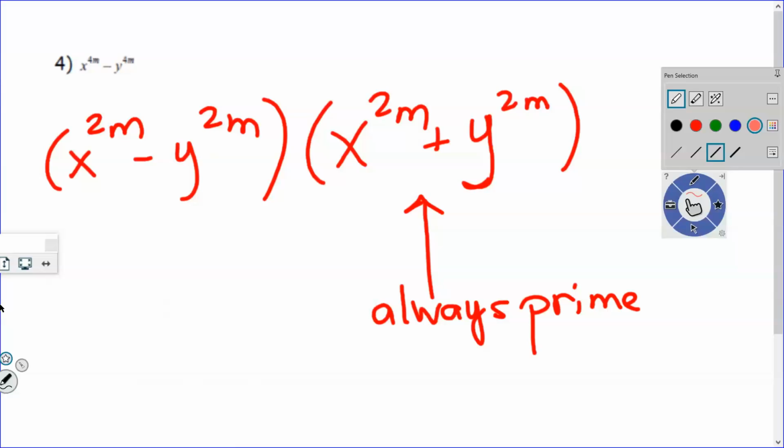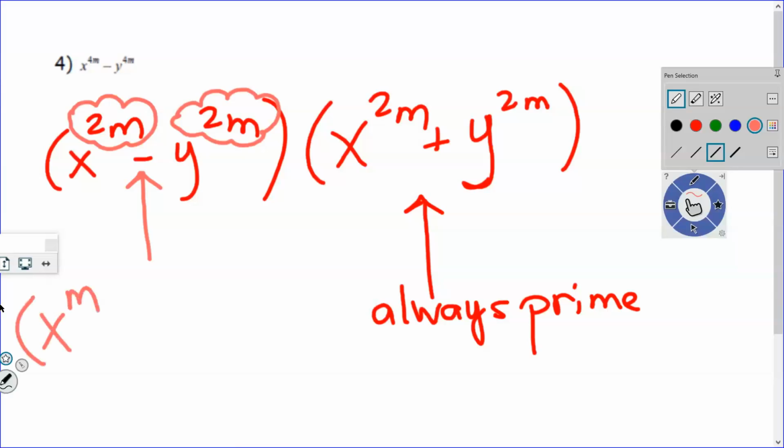The sum, the sum, the sum. That's not a sum. That's a minus sign. Are these even? Yes. Oh, then I get to keep going. I'm so excited. That's still a difference of two squares. We have to keep going here. So let's break those m's up.